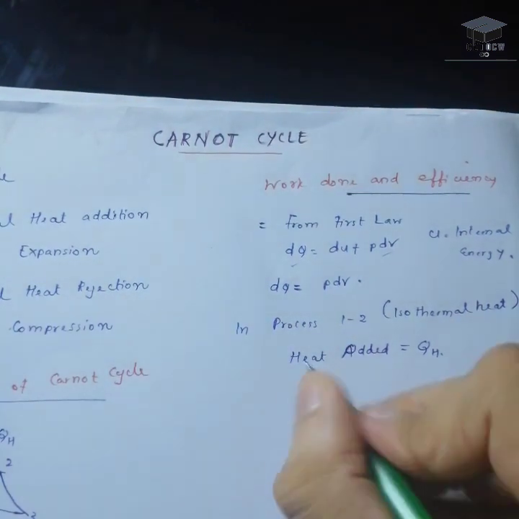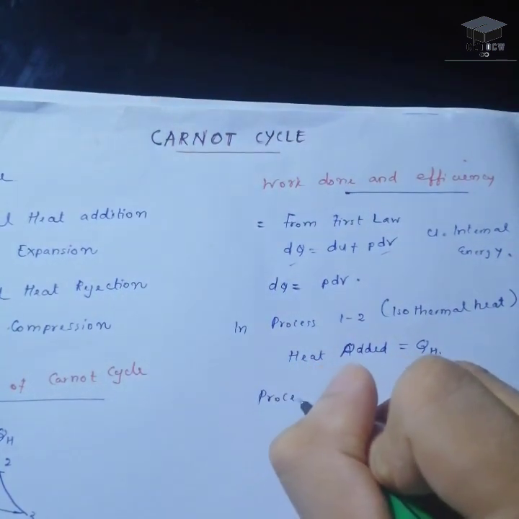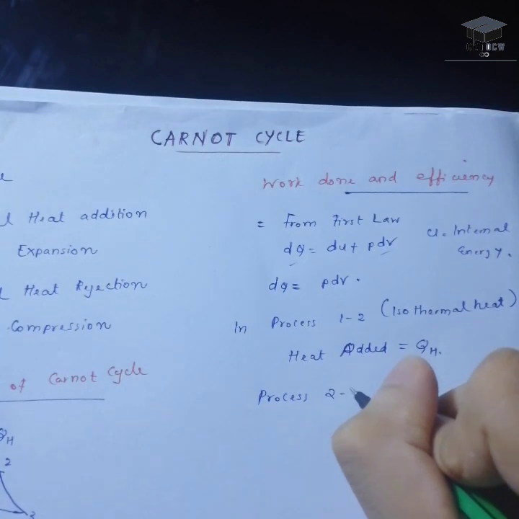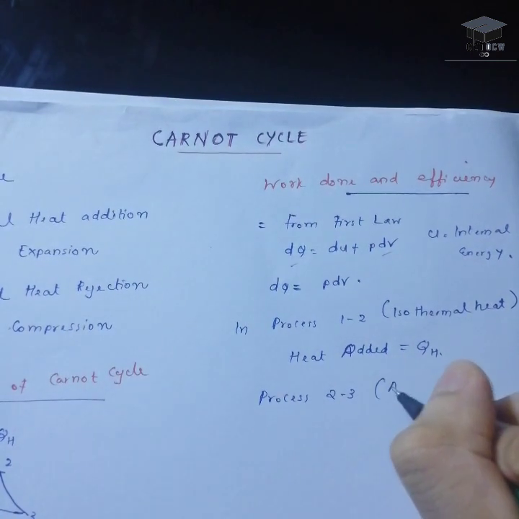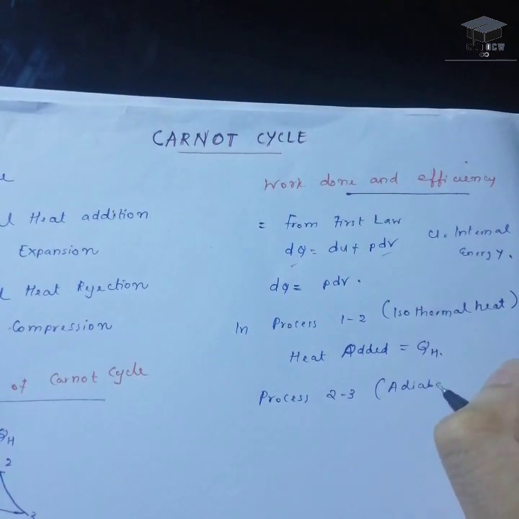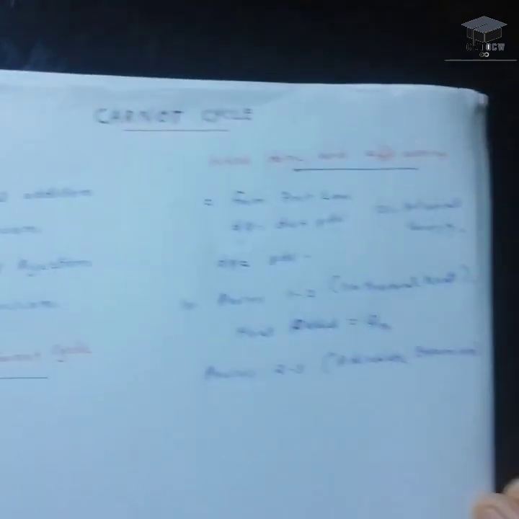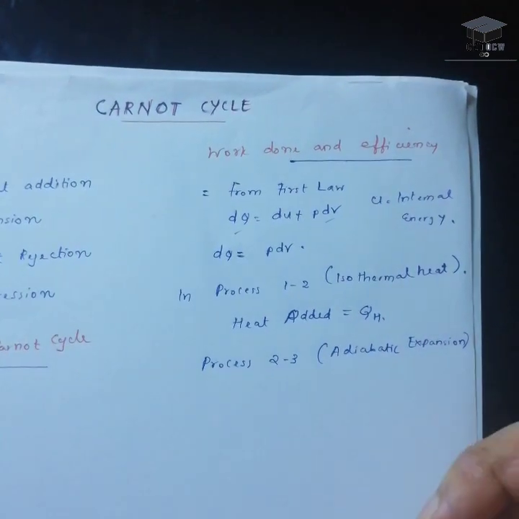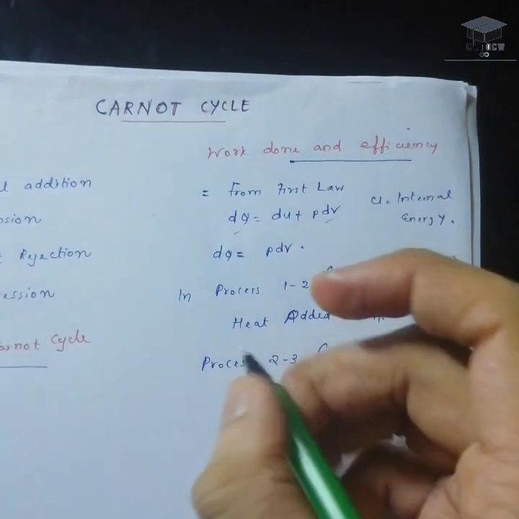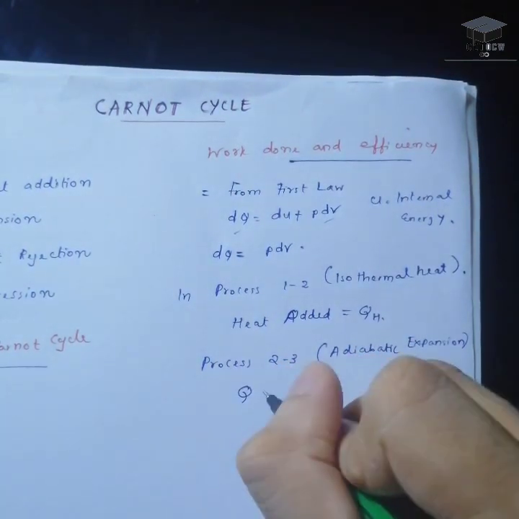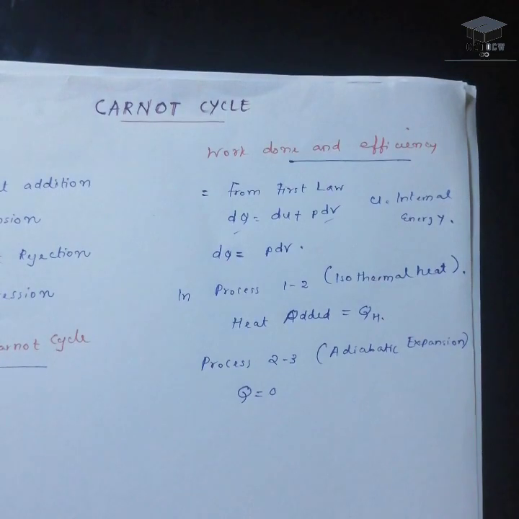In process 2 to 3, adiabatic expansion, the heat is 0. Since the process is adiabatic, there will be no heat addition.